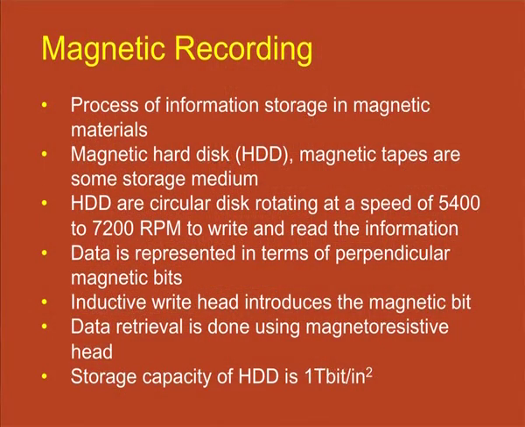One such device is the magnetic hard disk, and another example is magnetic tape. In a magnetic hard disk there is a circular disk which rotates at a high speed, around 5400 to 7200 rpm, and while it rotates, there is an inductive read head which reads the rotating disk, and in that way it can extract the information stored in the magnetic hard disk.